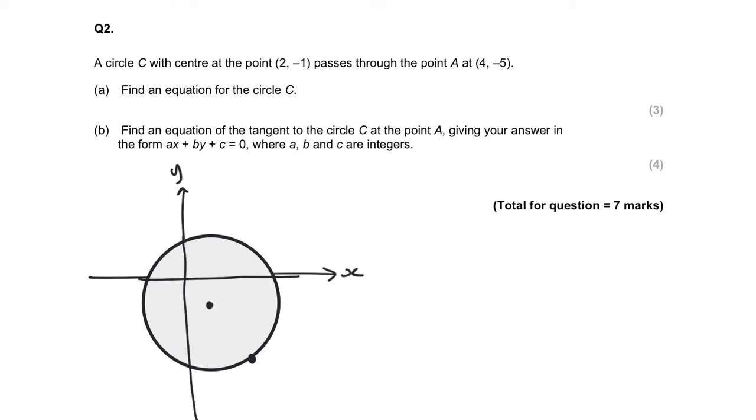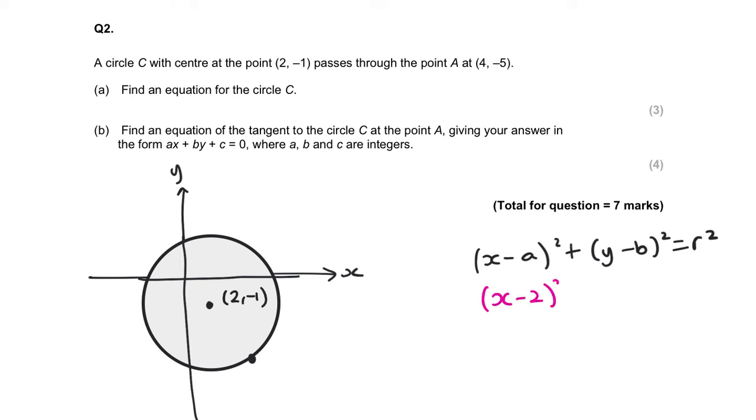Now, with a centre, we have (x - a) squared plus (y - b) squared equals my radius squared, doesn't it? They've already given us our centre, which is (2, -1). So if I write that into the equation, I would write (x - 2) squared plus (y + 1) squared. Perfect. This equals my radius squared.